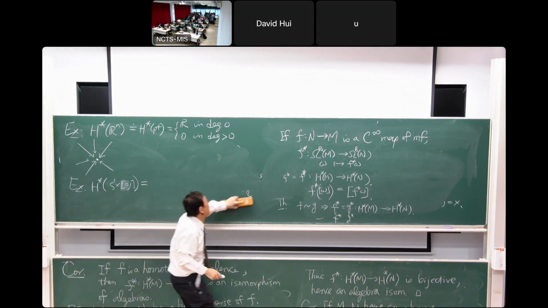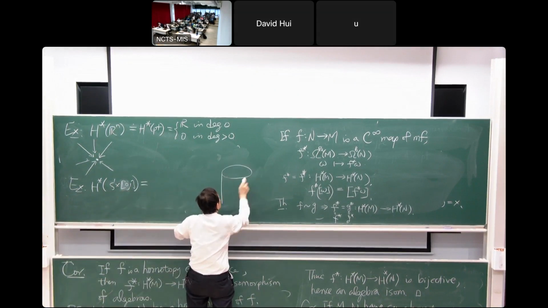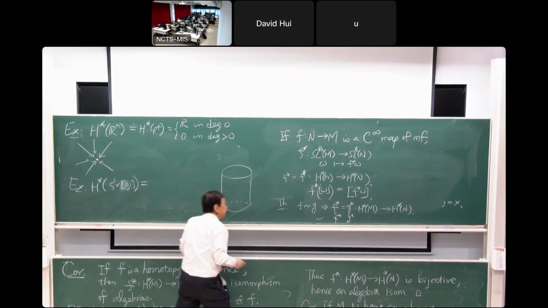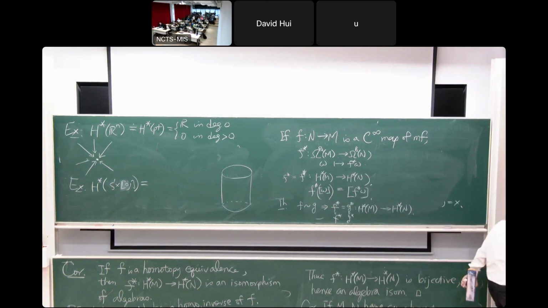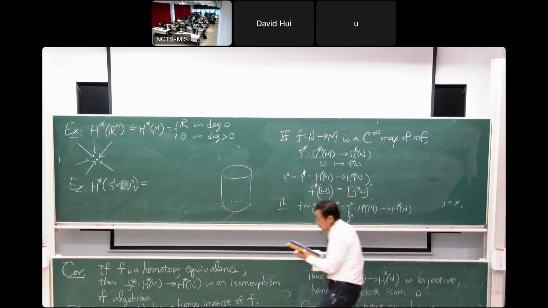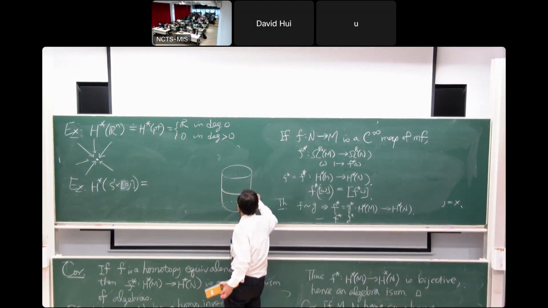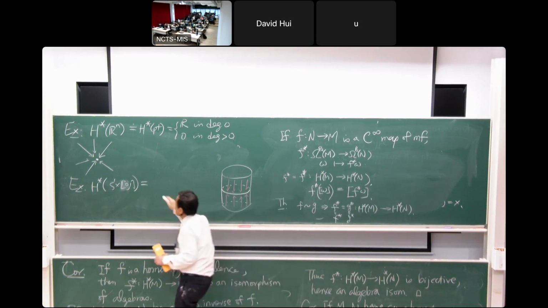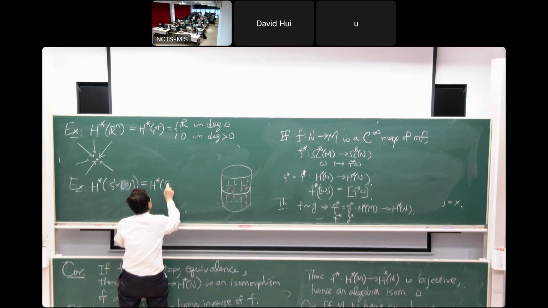So when you have a cylinder, you see that it has the homotopy type of a circle, right? Because let's draw this circle here, and then you can deformation retract the cylinder to a circle using the straight line homotopy. Okay. So that's the cohomology of a circle.